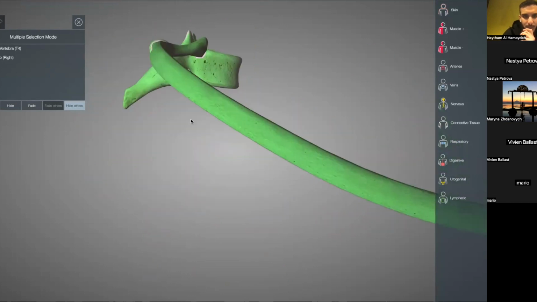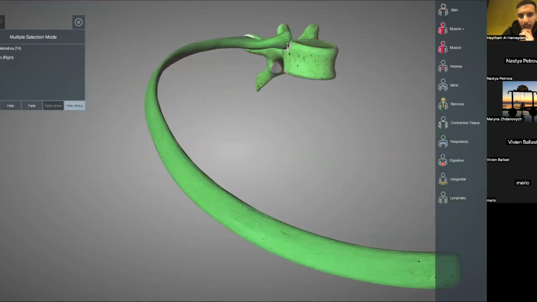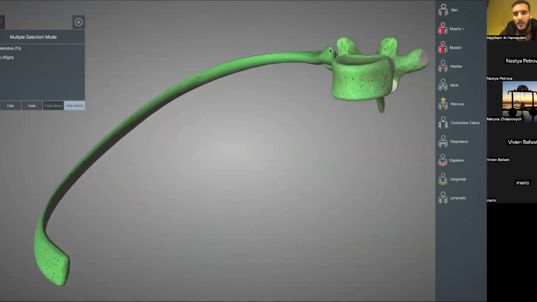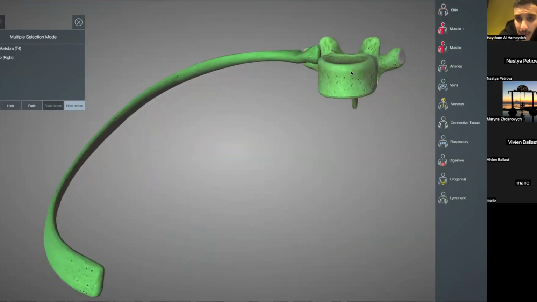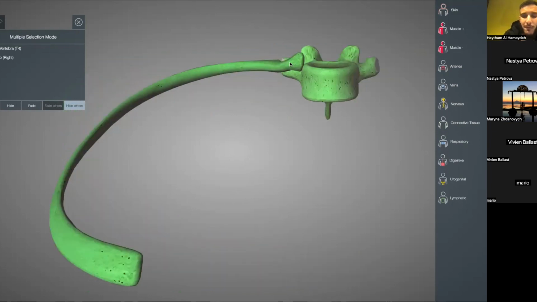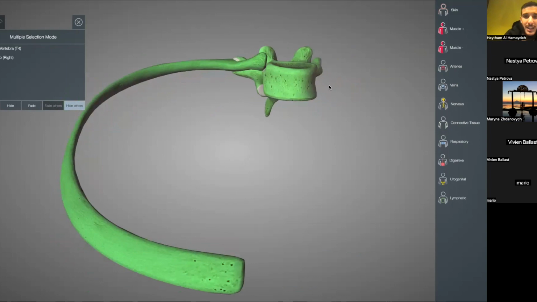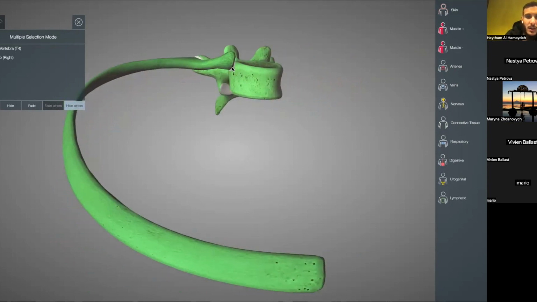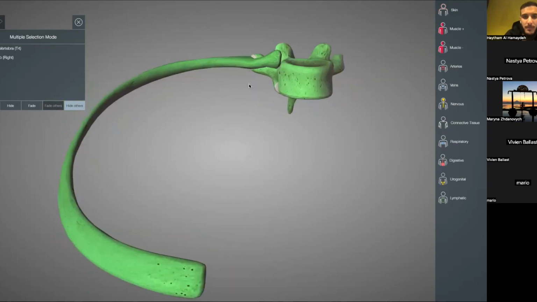We said that the head of rib is made up of inferior articular surface and superior articular surface. The inferior articular surface of the head of rib articulates with the superior articular facet of the same number of vertebra.